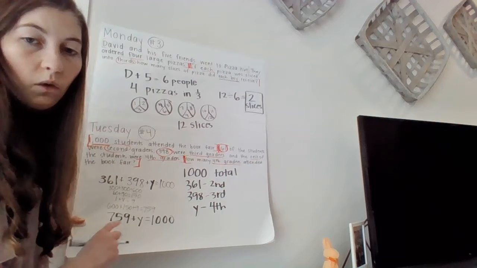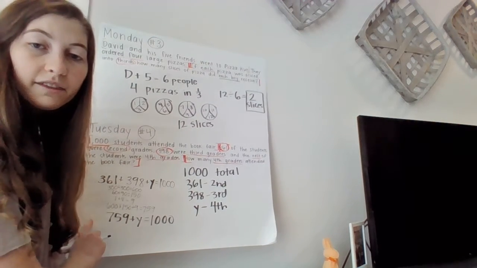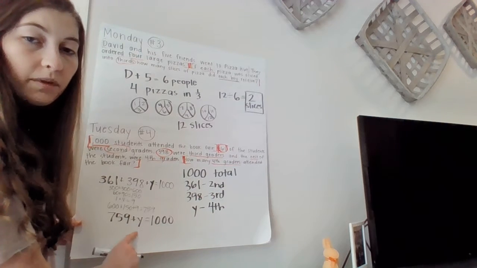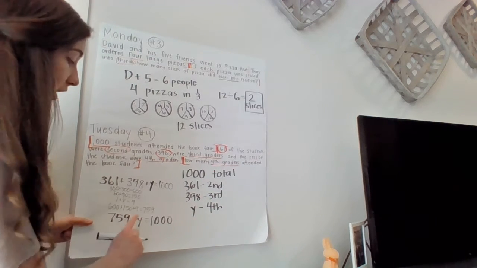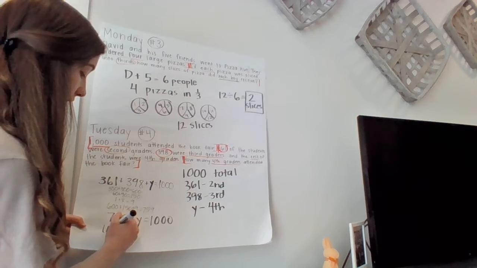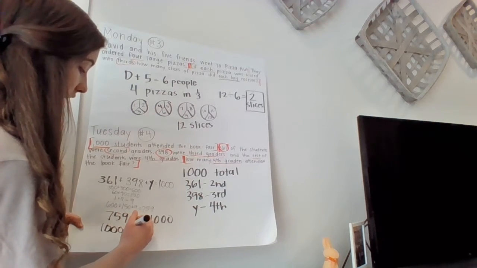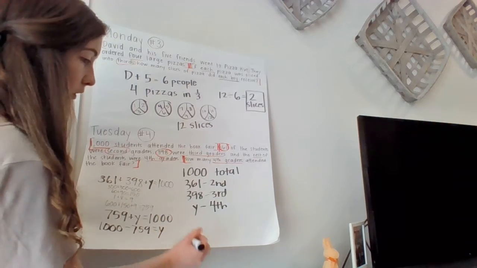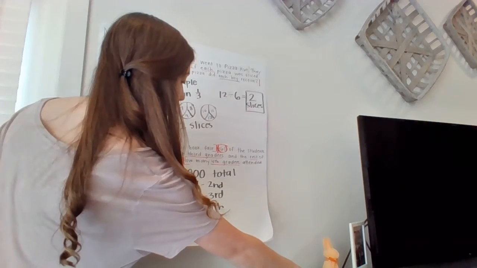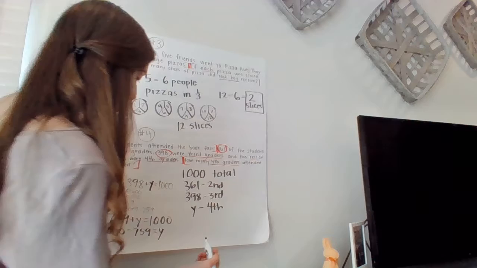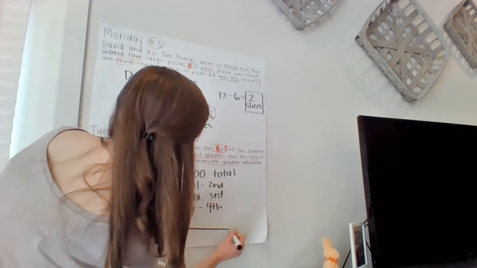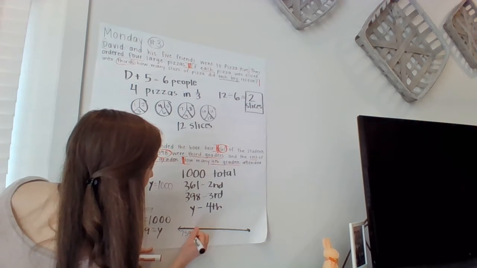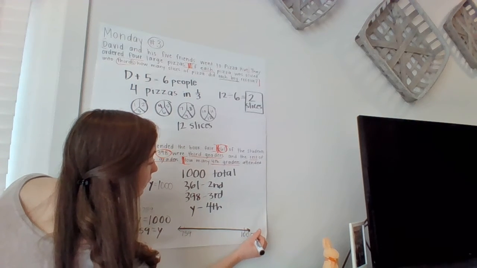Now, when I have a plus on this side and I need to figure out what Y is, I do the opposite to figure out what Y is. So I have 1,000 instead of plus, I'm going to do the opposite, minus 759 equals Y. If I make my number line, it's going to start at 759 and end at 1,000.